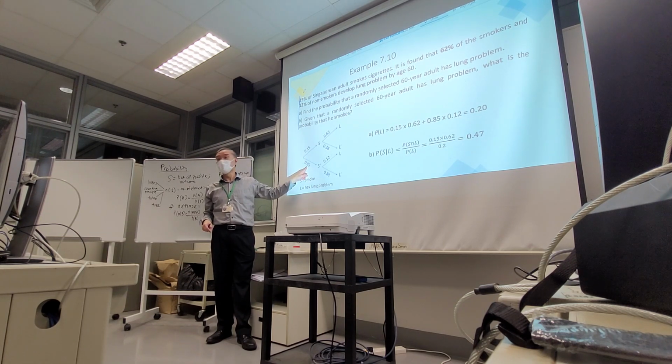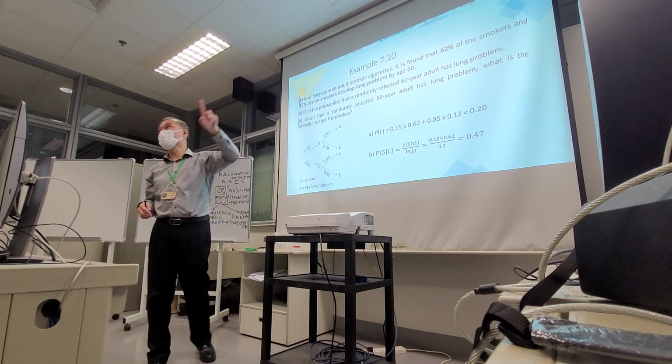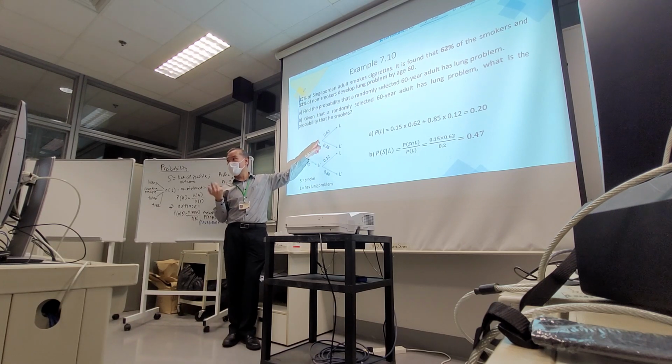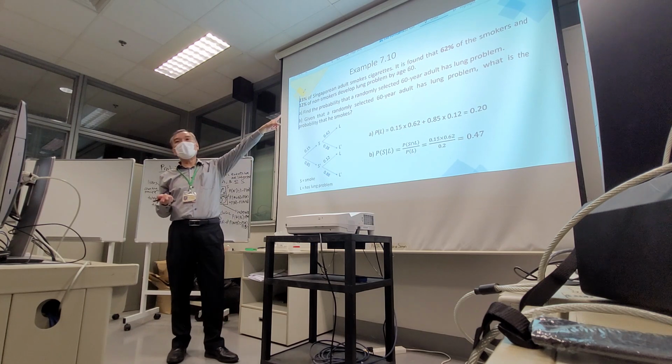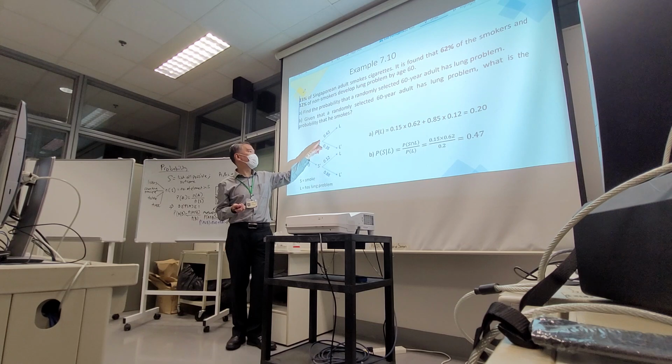Then he also found that 62% of the smokers, take note, given that I'm a smoker, then 62% I will get a lung problem. So can you see? Lung and not lung. If I'm a smoker, the probability of me developing a lung problem is 62%.